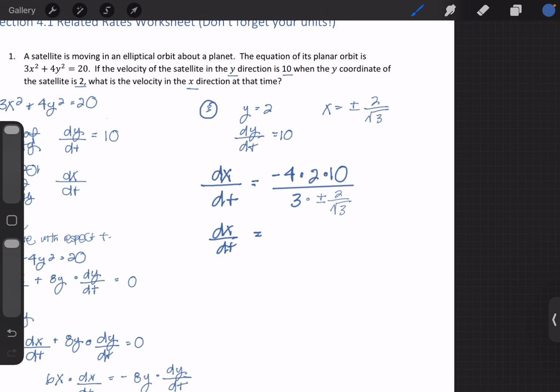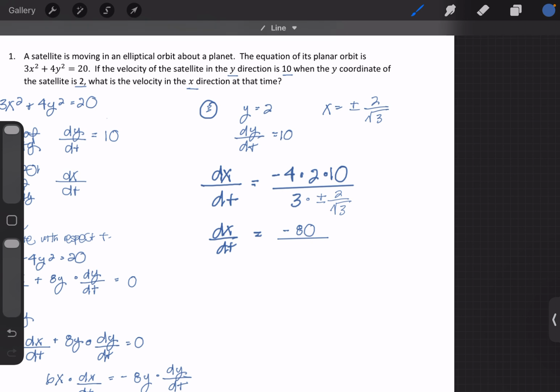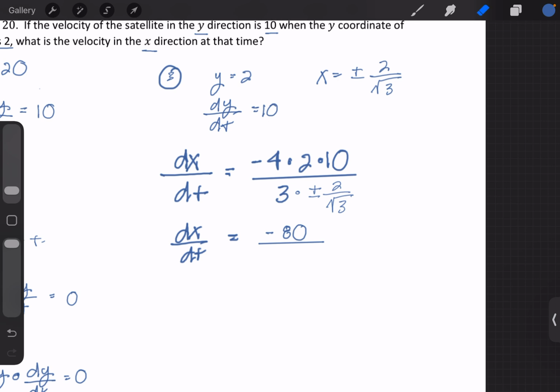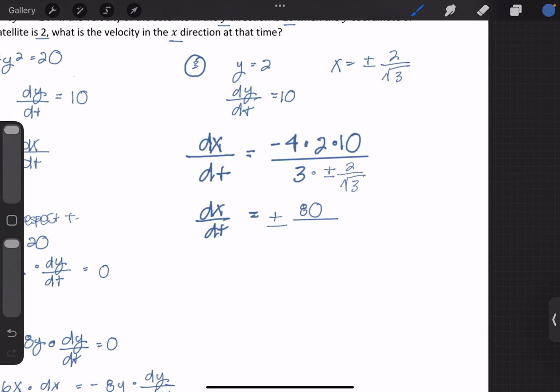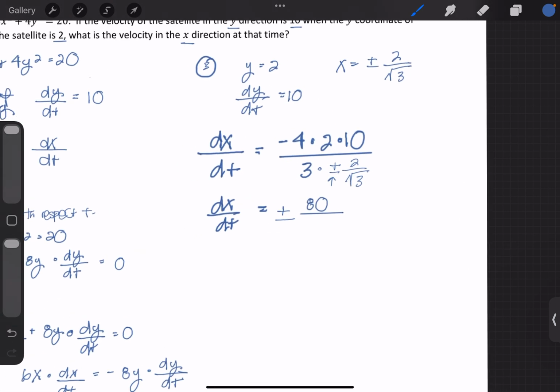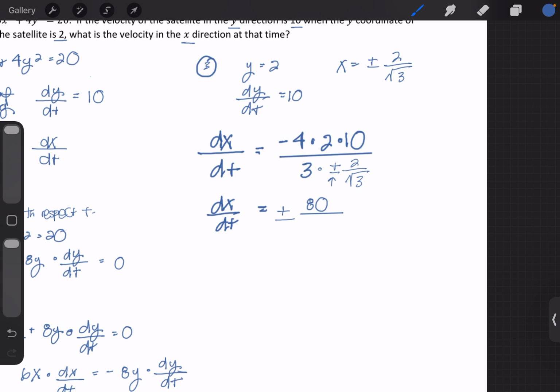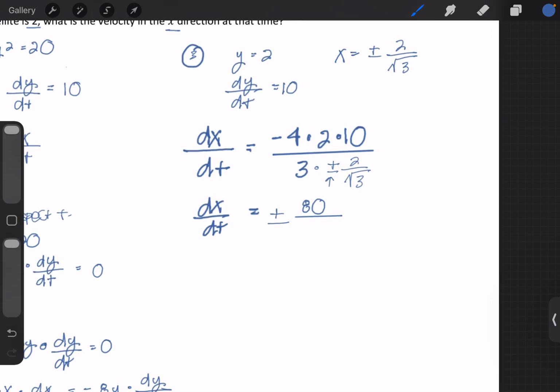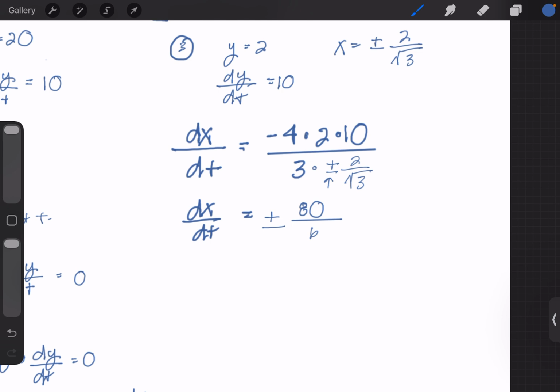So negative 4 times 2 is negative 8, times 10 is negative 80, over plus or minus, because we have the sign here, 3 times 2 is 6, and then we would get a square root of 3.